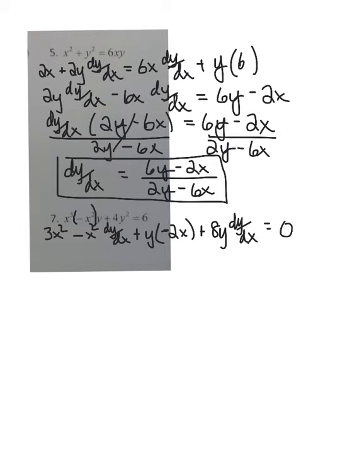All right, so let's keep all of the stuff containing the dy/dx on the left side. And everything that doesn't have a dy/dx is going to the other side.